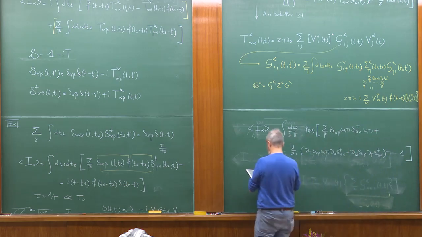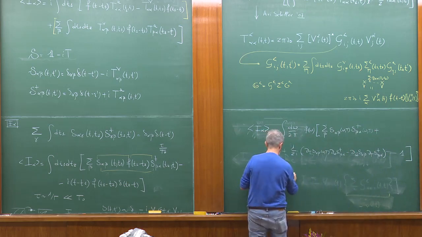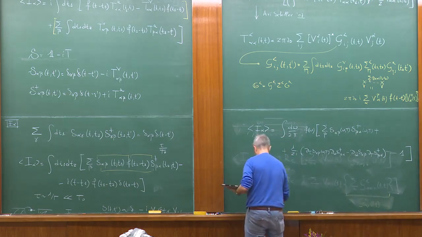and then plus minus sum over beta. Let me write it in a different color.